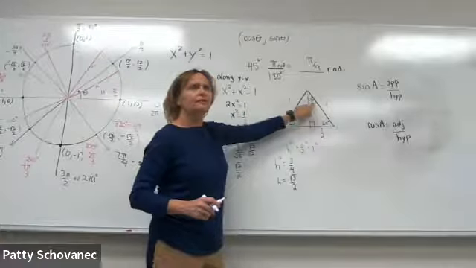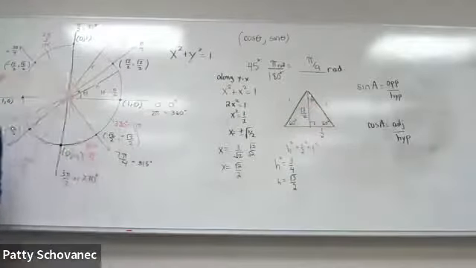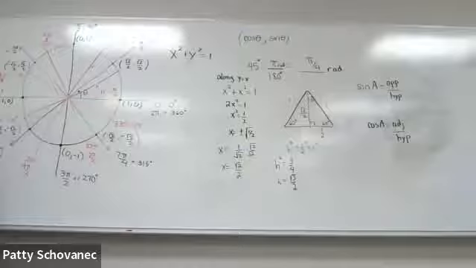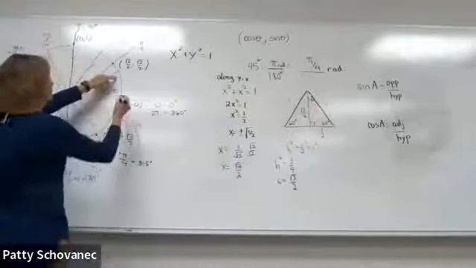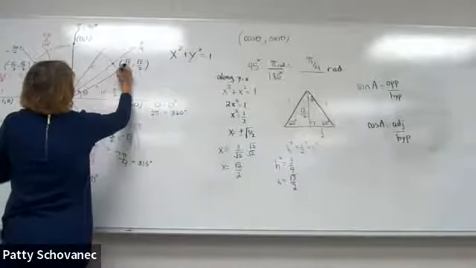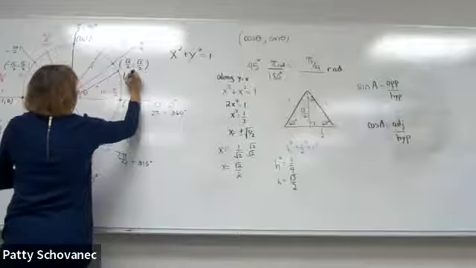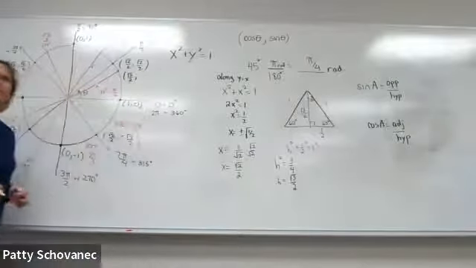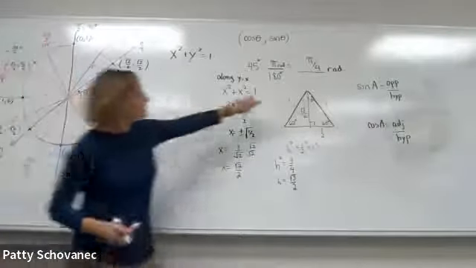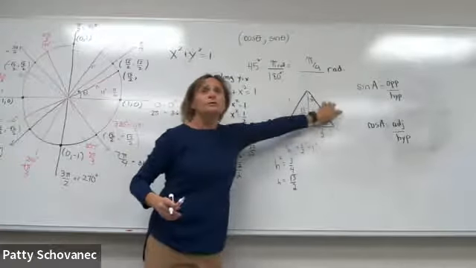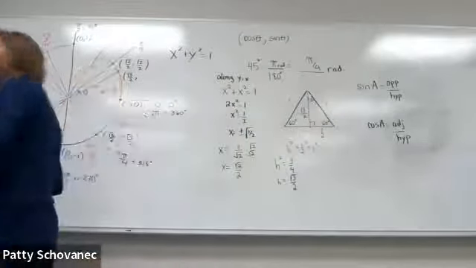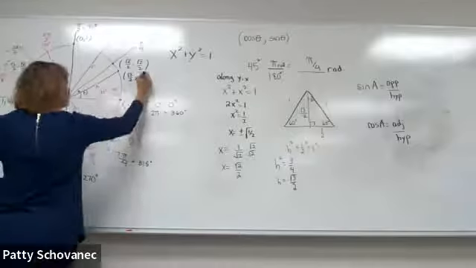The cosine of 30 degrees is the adjacent side over the hypotenuse. So what do you have for me? Square root of 3 over 2, because the hypotenuse has length 1. So the x coordinate here is the square root of 3 over 2. The sine of 30 degrees is the opposite side over the hypotenuse.